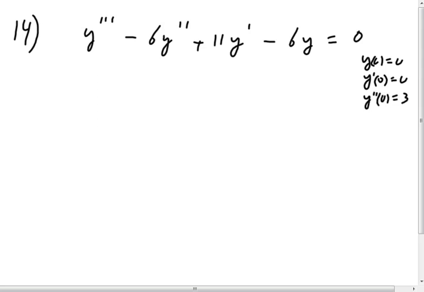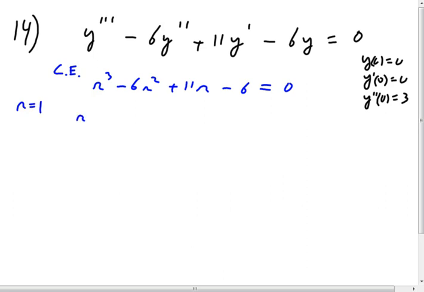That's what I have. Well, they gave us the solutions, right? But we'll find them. We won't even look in the book. So I've got a characteristic equation. It says r cubed minus 6r squared plus 11r minus 6 is equal to 0. Now, clearly, r equals 1 is a solution to that equation, right?